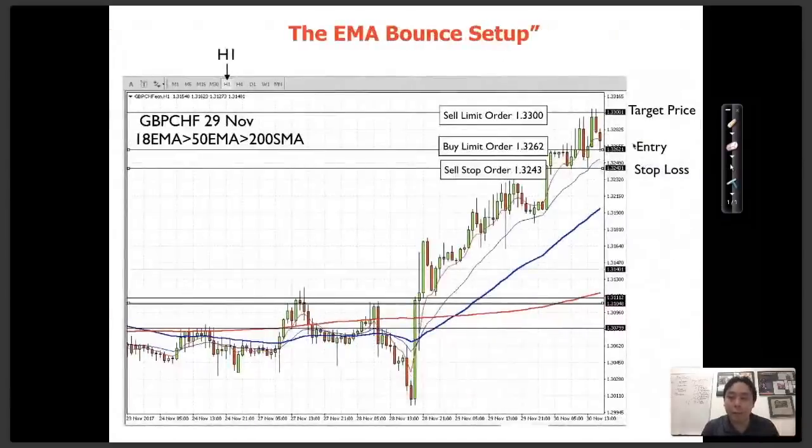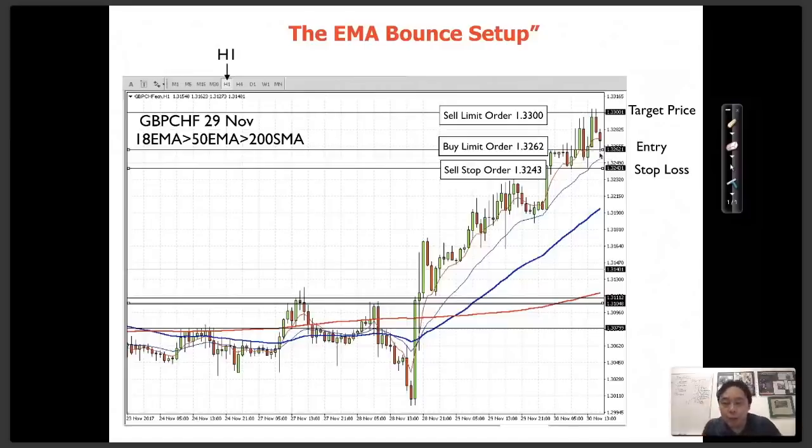Now, I want to see that on the 1 hour chart, the moving averages are also in sequence, which is the 6, or in this case, the 18, the 50, and the 200. And I also want to ensure that my stop loss, which I've placed, is also below a strong support at the hourly time frame.